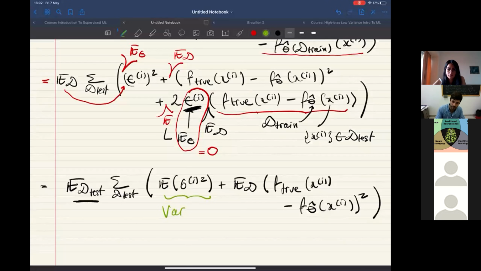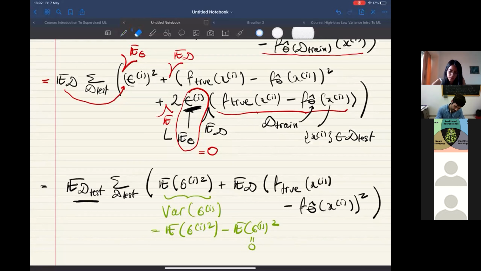Because the noise is centered, this is the variance of epsilon i, which by definition is the mean of epsilon i squared minus the mean of epsilon i, squared, but this mean is equal to 0. So here, this is really the variance that appears.